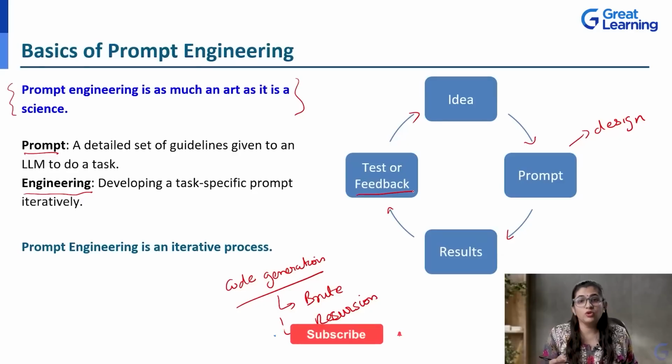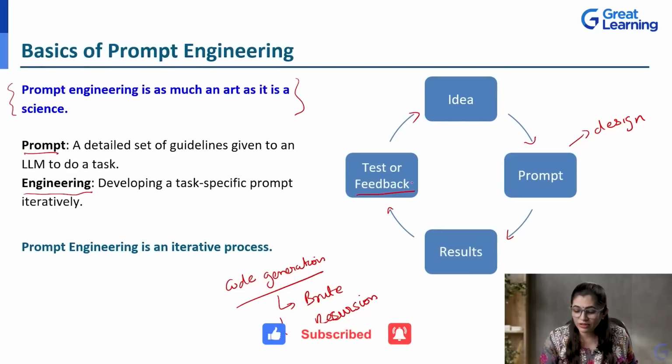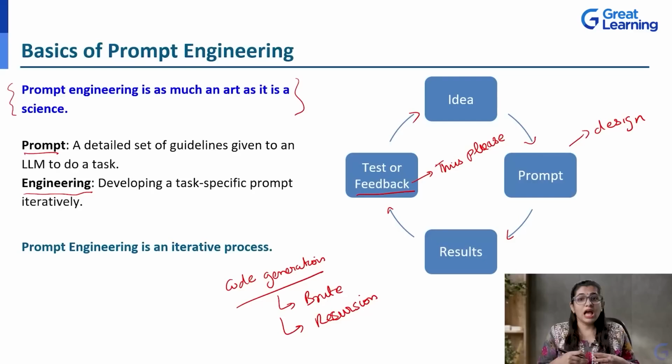For example, you have not received a good output. What you will tell your ChatGPT, for example, is: this is not what I want. Please generate the output based on my target audience or based on the feedback provided, right?